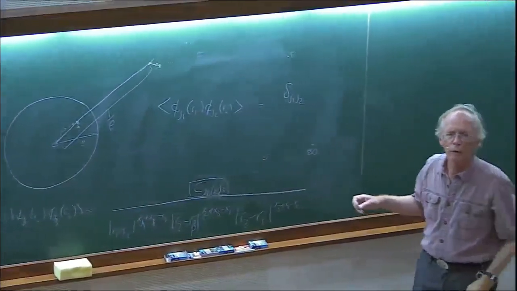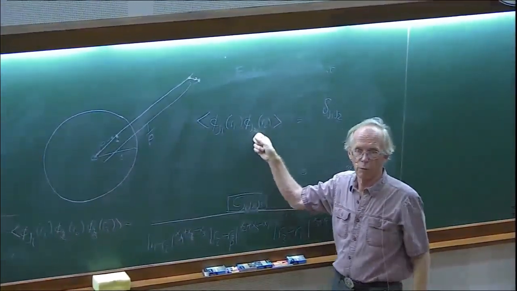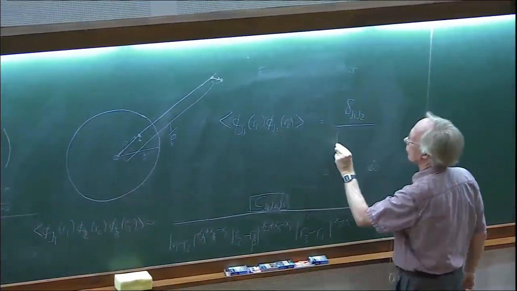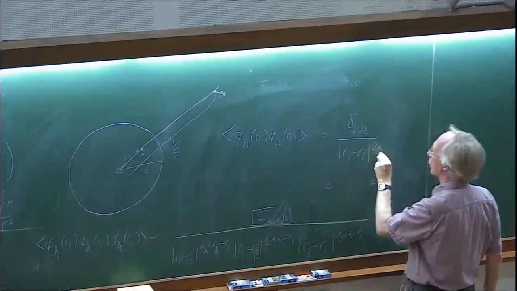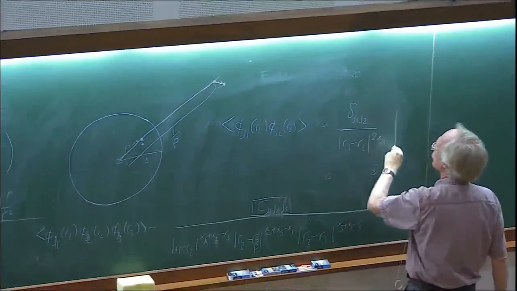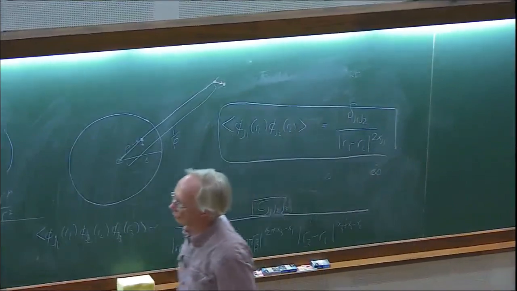So if I take the two-point function of two different fields, it's 0. It doesn't matter which one I choose. So this is another consequence of this inversion symmetry.